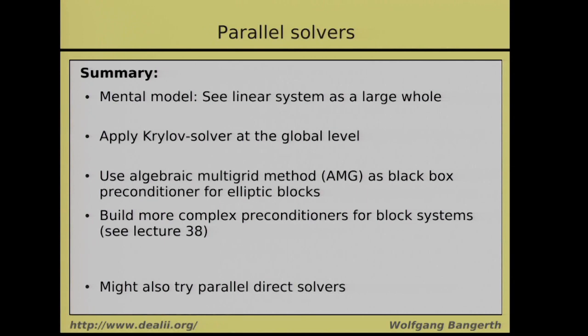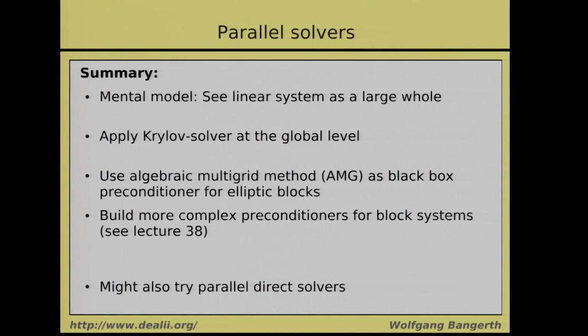What everybody today uses is algebraic multigrid methods as black box preconditioners. Essentially, it's a one-line call in deal.II where you set this up. You just throw it into ML or PETSc or Hypre, and it works as a preconditioner for the elliptic blocks.